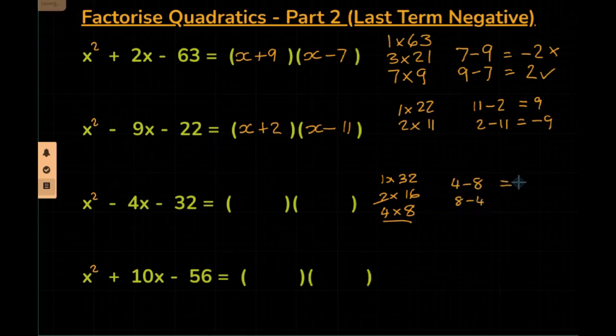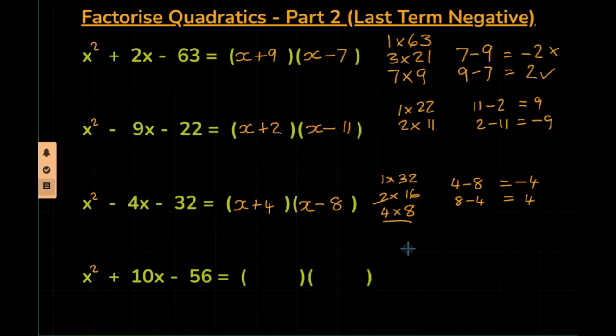Well, 4 minus 8 is minus 4, and 8 minus 4 is plus 4. I want the minus 4, so I need to go for the top line, the x plus 4 and x minus 8. 4 minus 8 is minus 4, which I want, and 4 times minus 8 is minus 32.